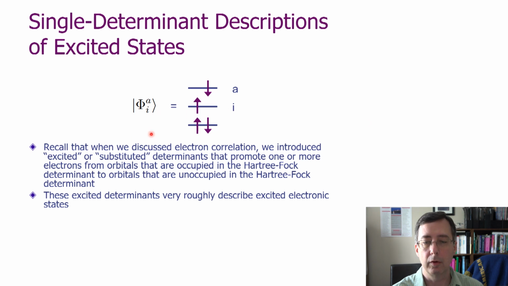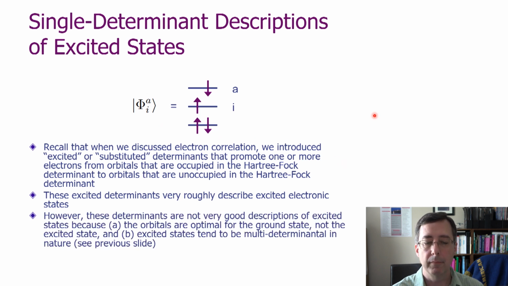This determinant would roughly describe the excited state, with the caveat that I'm missing its mirror image where I flip alpha and beta that I talked about on the previous slide. But certainly I can think about this Slater determinant as an approximate representation of an excited electronic state. And the only problems are really that A, the orbitals I might have gotten from the ground state Hartree-Fock calculation may not be the best orbitals to describe this open shell singlet excited state.